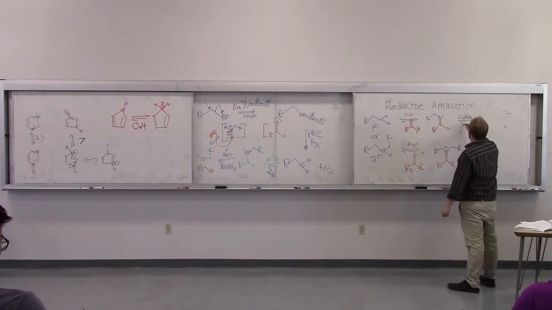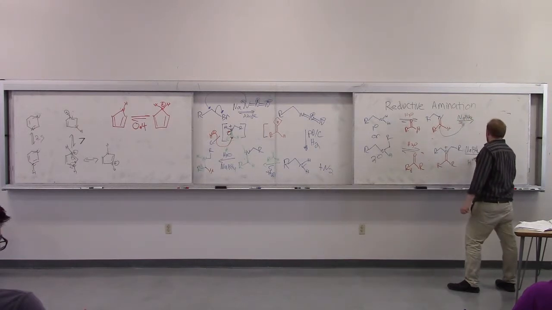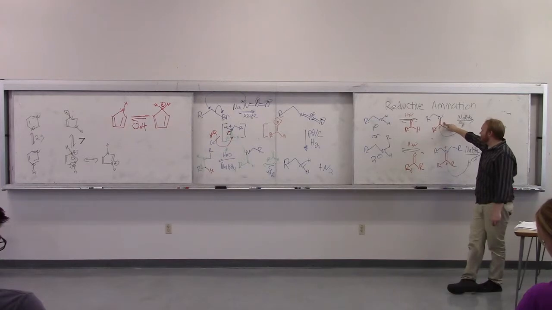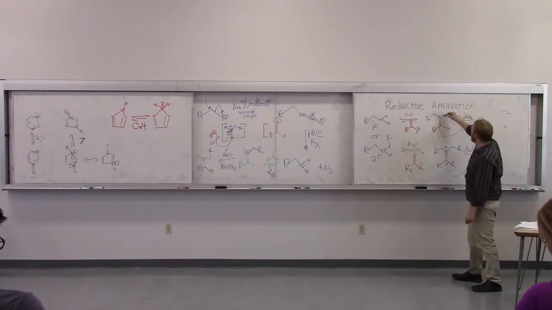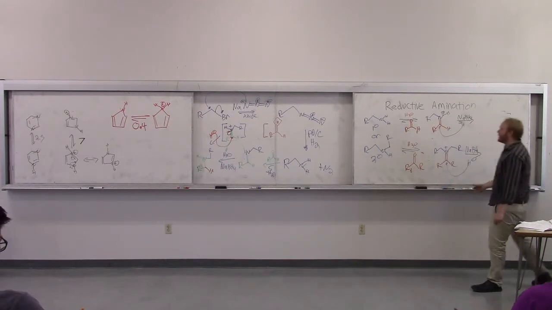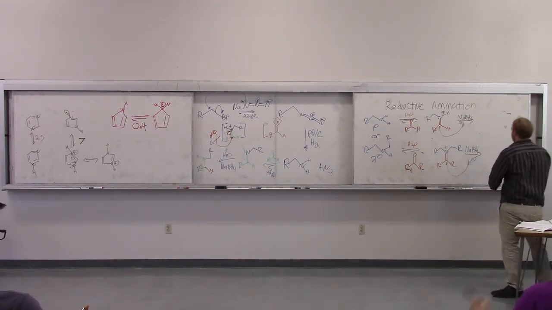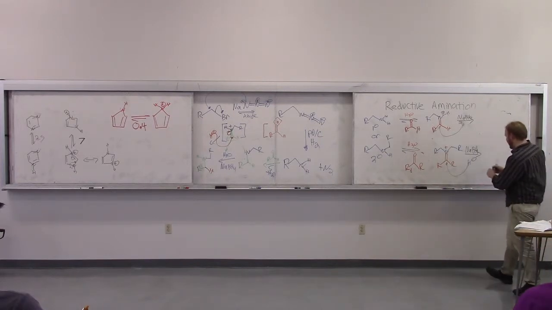So that your H minus from the sodium borohydride will then attack the imine or iminium. Of course, for the secondary imine, it will attack the protonated version from the acid, since the protonated amine will be more reactive than the neutral amine. So then it attacks.